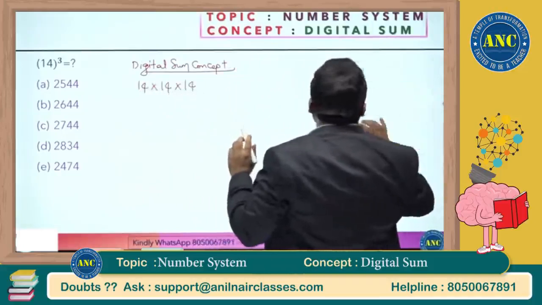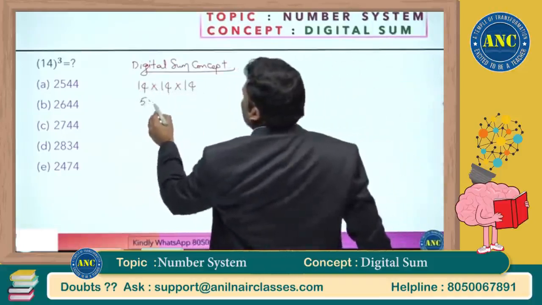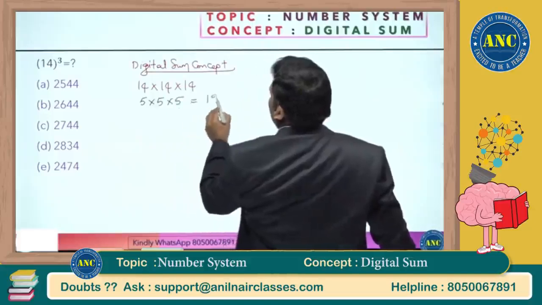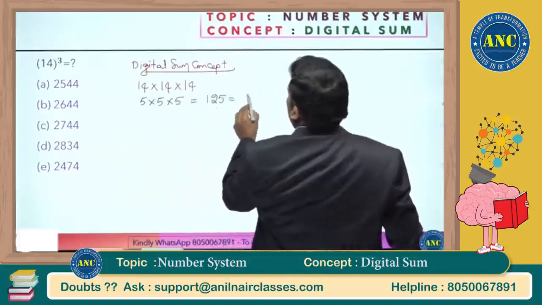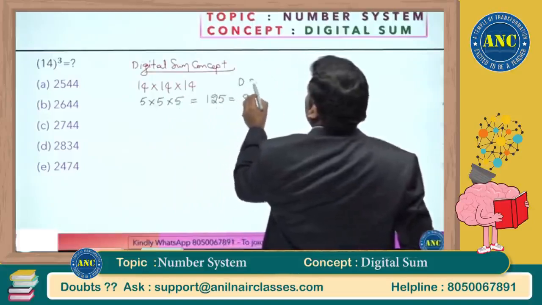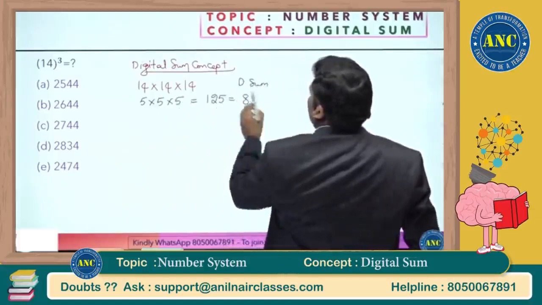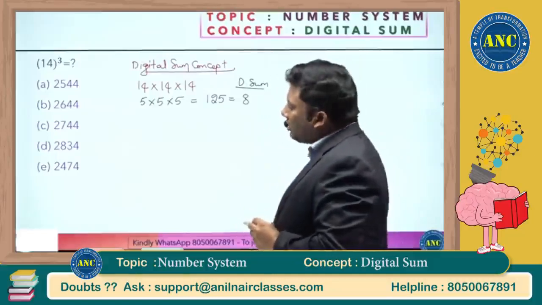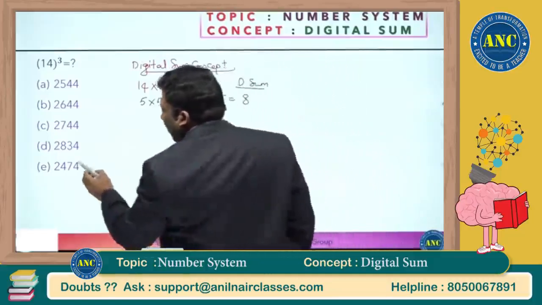What is the digital sum of 14? 5. Here also it is 5, here also it is 5. 5, 5, 5 gives 125. The digital sum of 125 is 8. The answer's digital sum should be 8.